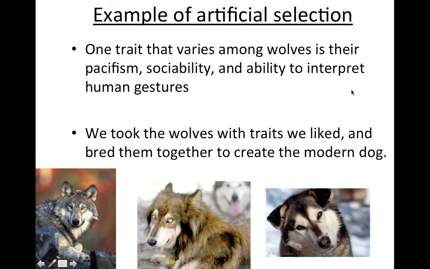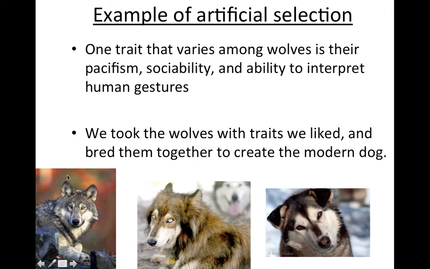So I hope some of you came up with dogs. Dogs are the classic example of artificial selection, because what we did is we took wolves and we selected certain qualities that we liked. So one trait that varies among wolves is their pacifism. That's like how nice they are, their sociability, their ability to interpret human gestures, so whether or not they can easily follow human commands.